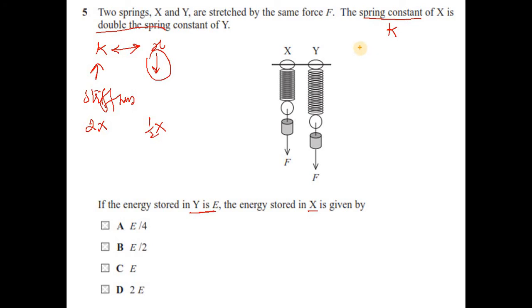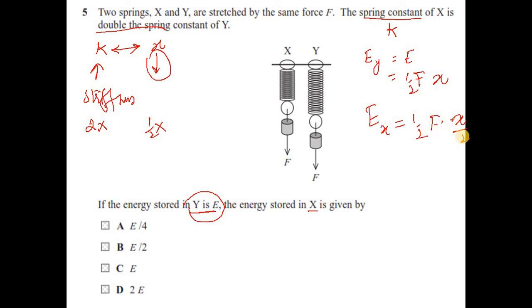Now, the energy stored in spring Y is E. So E_Y, which is E, is half of Fx, where x is the extension in Y for some force F. For spring X, E_X is half of F times the extension, because they have the same force, but the extension is not x, it is x by 2.